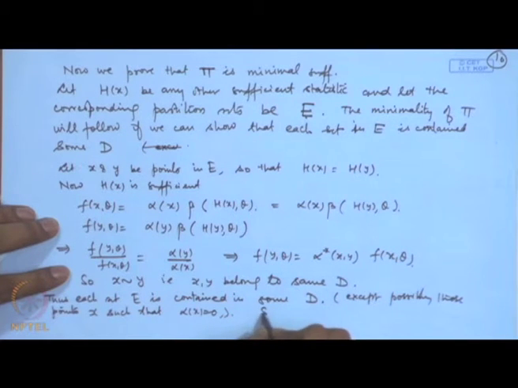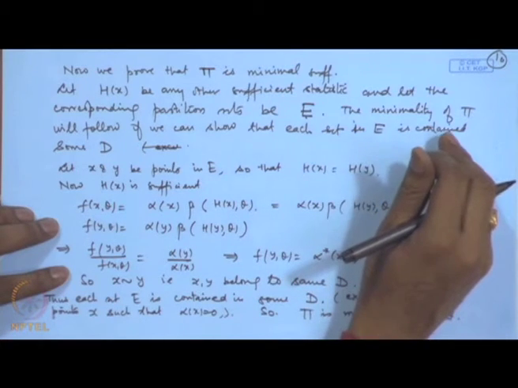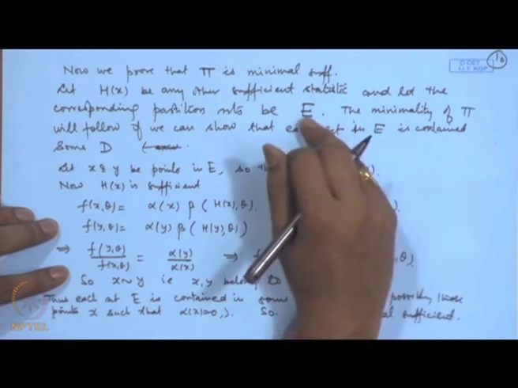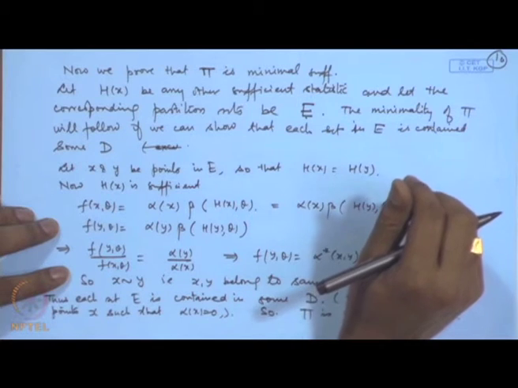So, pi is minimal sufficient, because pi is a reduction of this partition that we have introduced, the second partition.